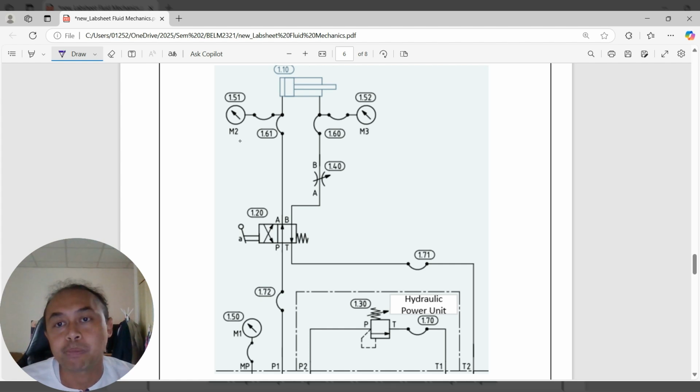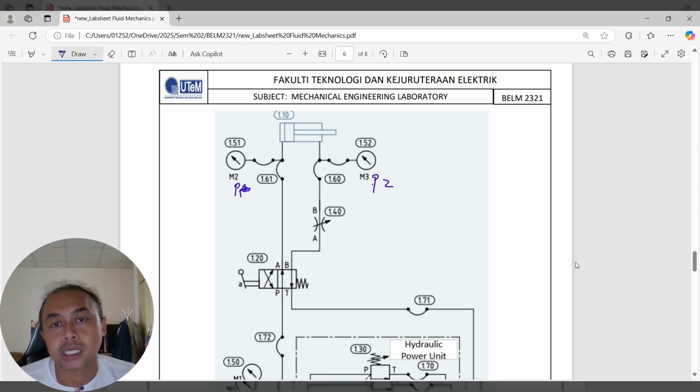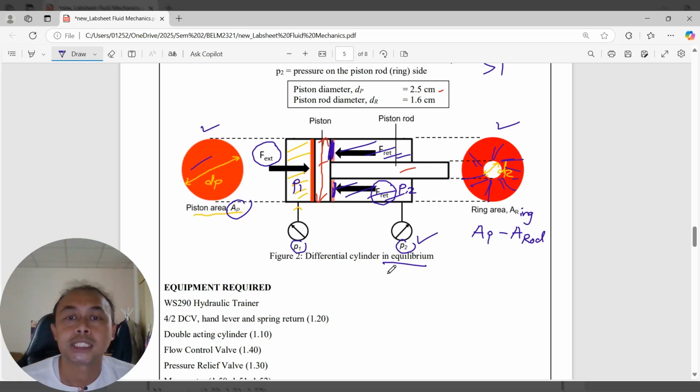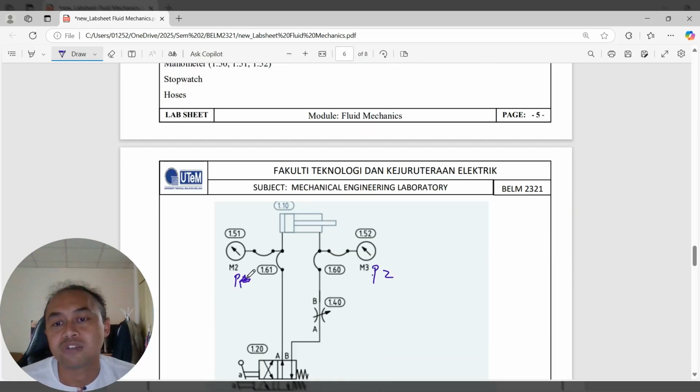So basically your P2 is given by the value shown by M2, and P3, sorry, this is your P1. Okay, this is P1 and this is your P2, if you want to match this circuit with the concept here. So M2 will give you the P1 value, M3 will give you the P2 value.